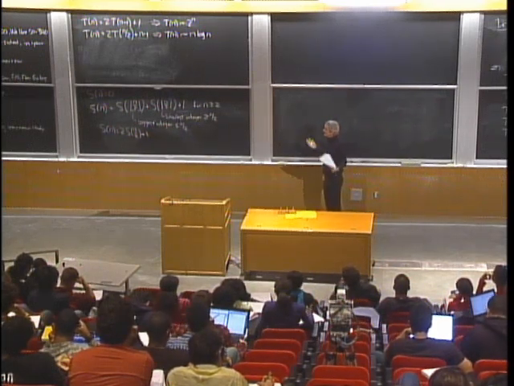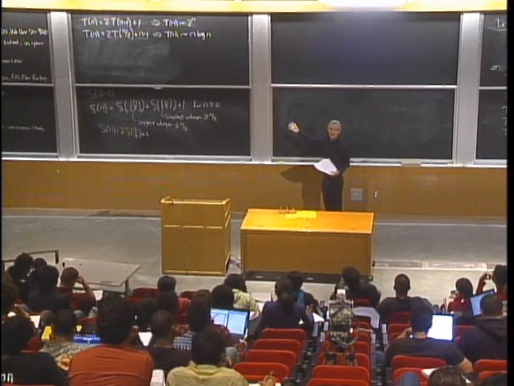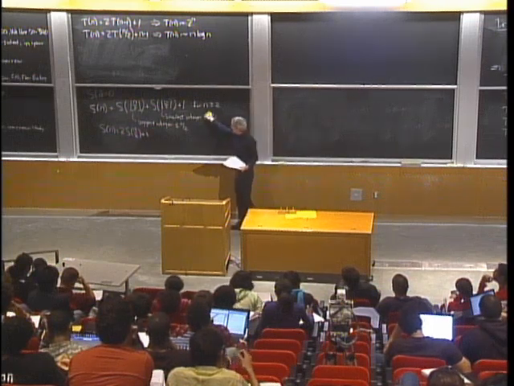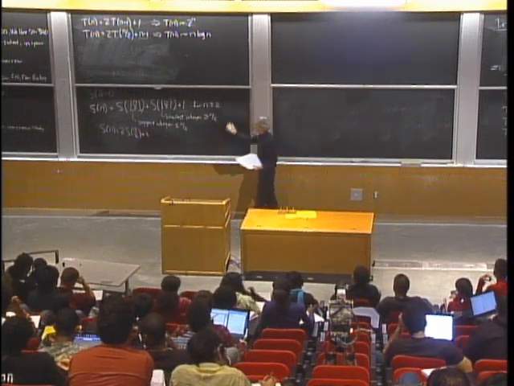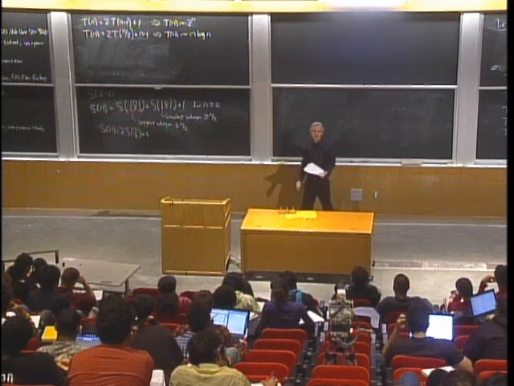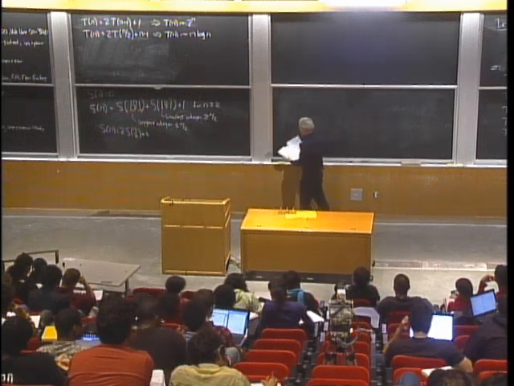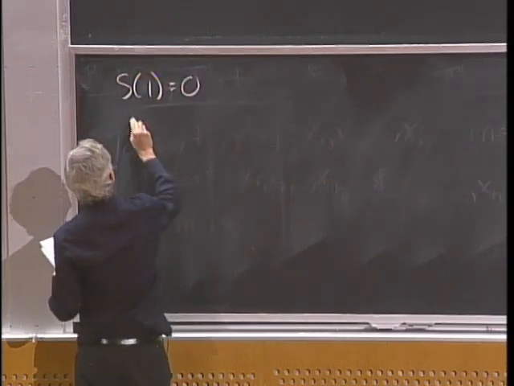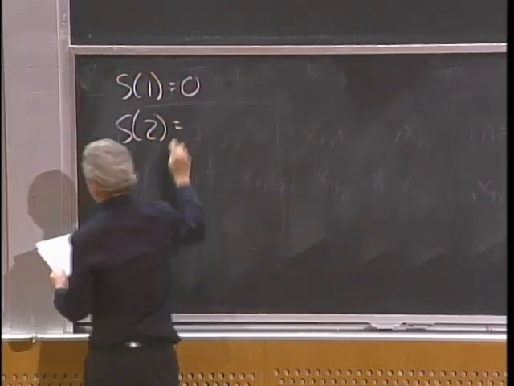Guess. And to guess, you've got to plug some values in. It's sort of hard to guess. Looking at that, nothing comes to mind other than panic. But if we plug in some values, then maybe it won't be so bad. So we've got S of 1 equals 0. What's S of 2?